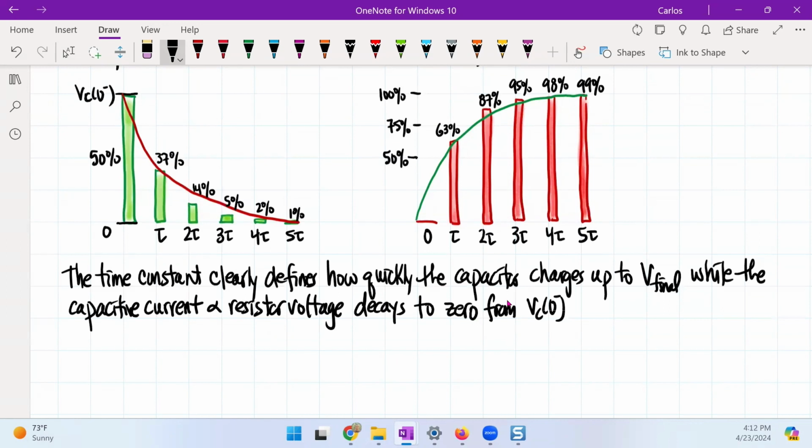So even though I did not put this, I would say that VOC here is the 100% mark.